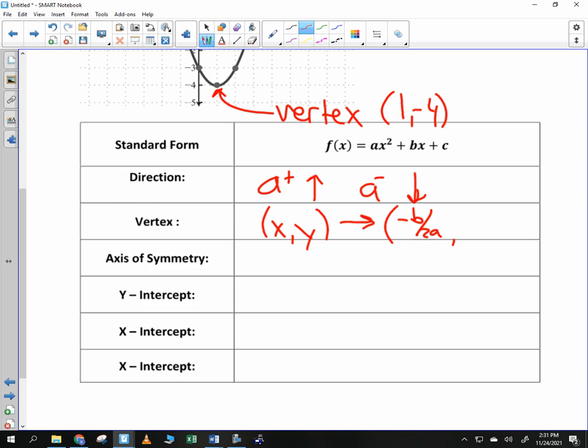You learned it in your intermediate algebra class, and then again in algebra 2. Once you find the x value, you plug it into the function to find the y value. That looks confusing. It really is not too bad. When we go through it, you'll be good.